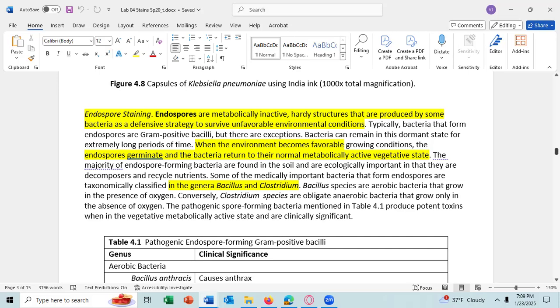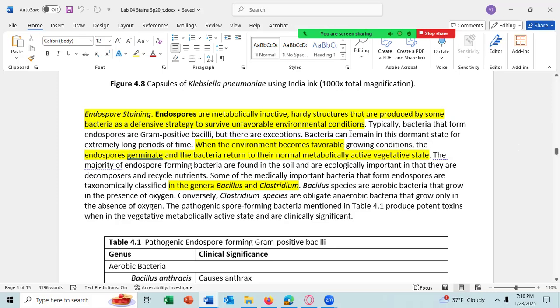So when the environment becomes favorable again, the endospore will then germinate and the cell will change from an endospore to parent bacilli. And the parent bacilli will have the normal metabolically active state, also called the vegetative state, and the parent cell or the vegetative cell can reproduce.